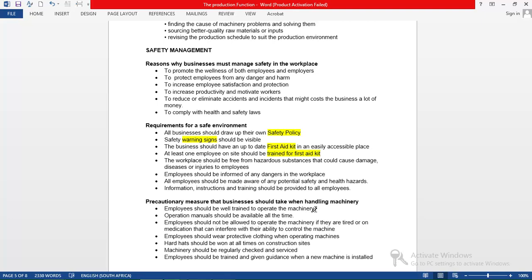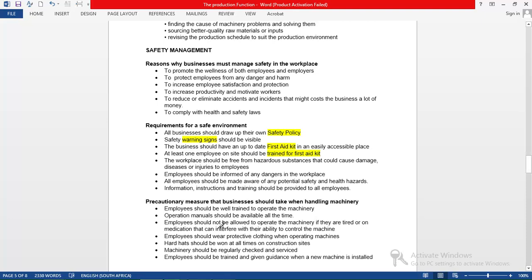If possible, actually get a certificate for it, so that you make sure that the person who is operating is well qualified and knows how to use it. And also user manuals should be available all the time on how to operate certain machinery and equipment, so that if they're stuck or if there's any problem, they know what to do.